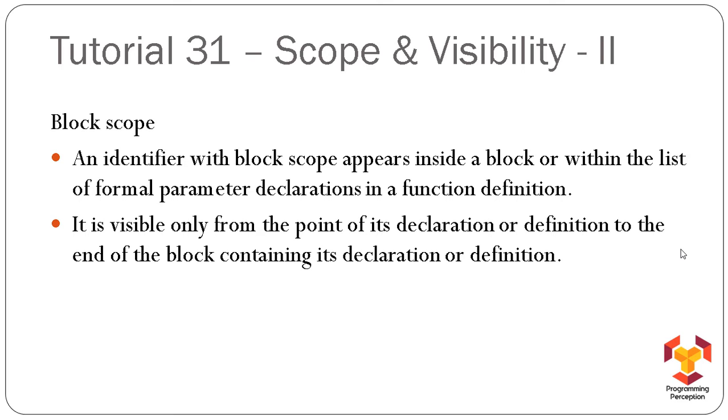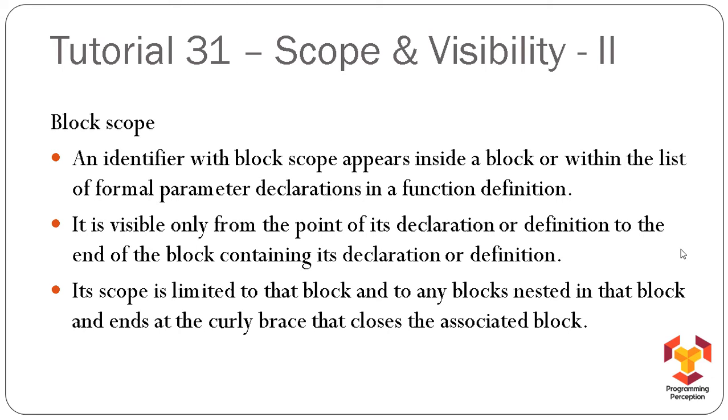Block scope belongs to all the identifiers that are declared inside any specific block. That block can be the block of a function or of any loop or decision control statement. But if any identifier is declared as part of the block, then the scope of that identifier belongs to that block only. That means it won't be visible outside the block.